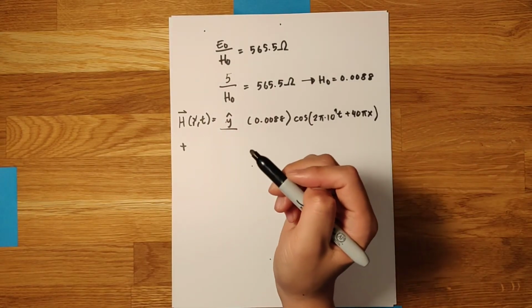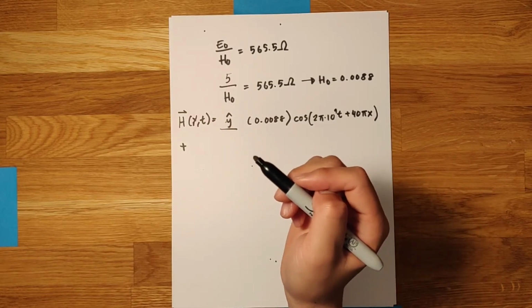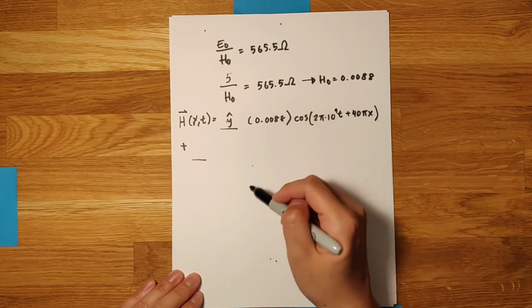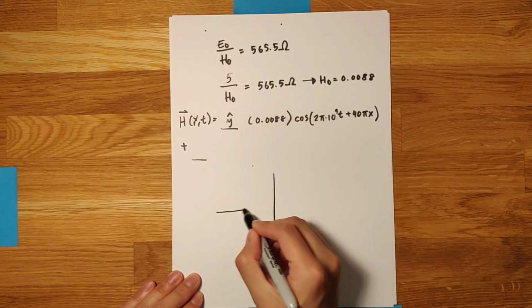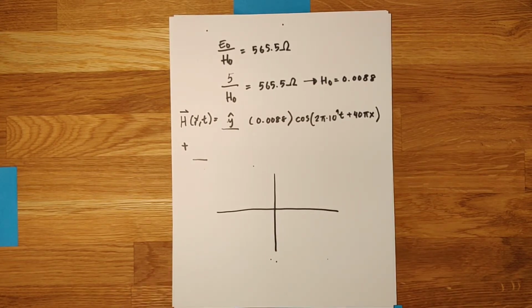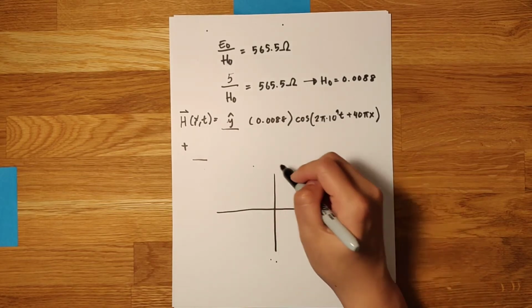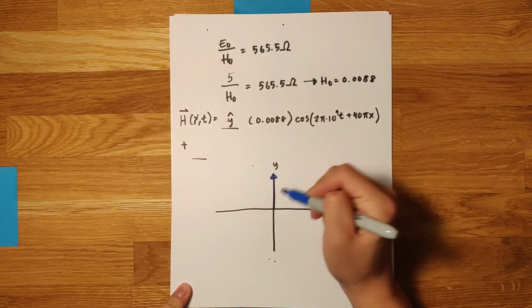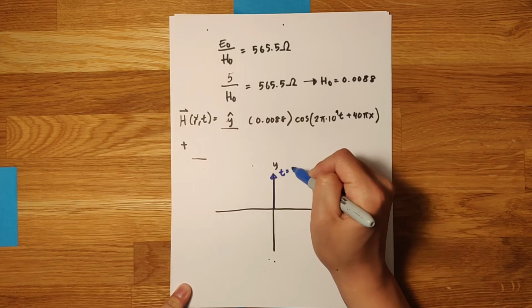Plus our H2. So what direction will our H2 be in? I'm just going to redraw it to make things easier to see. If I label this my Y, then this is where our H1 will be at time equal to 0.